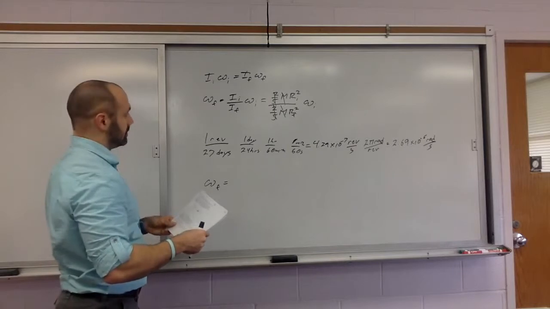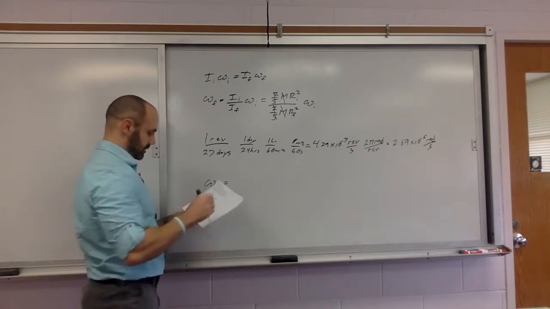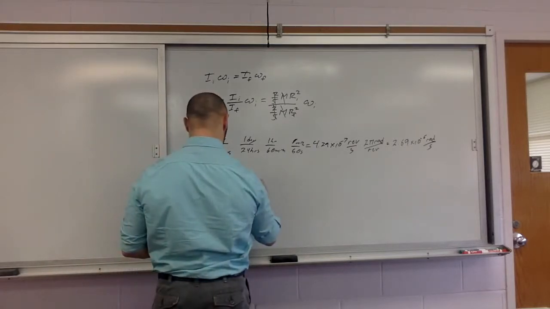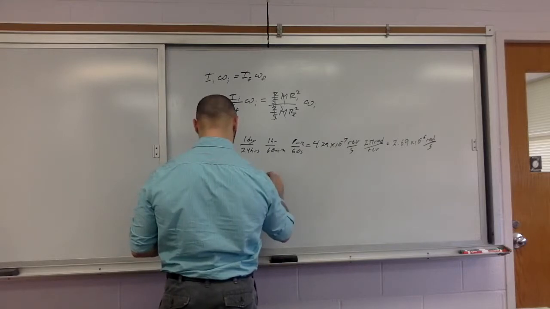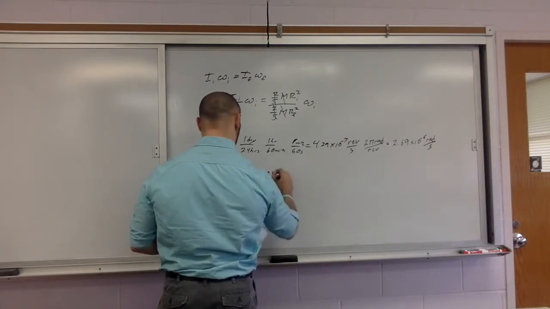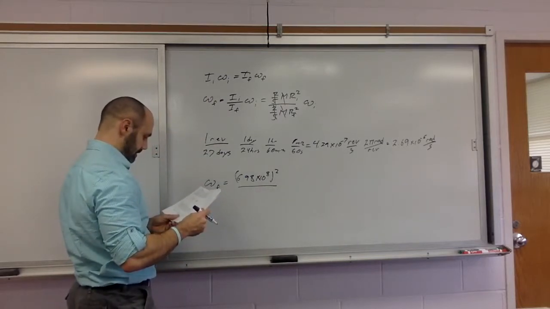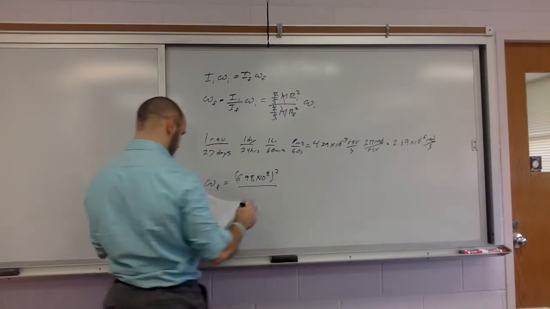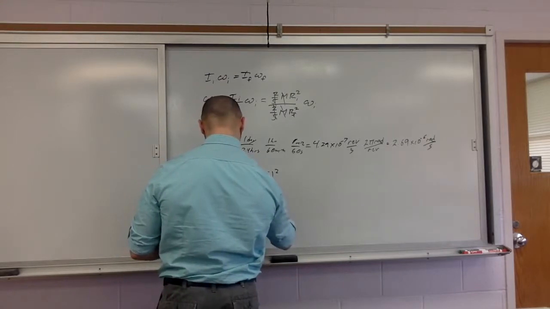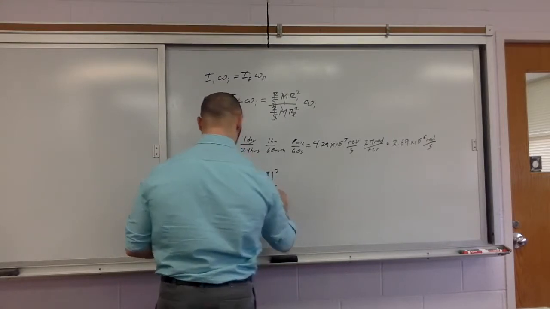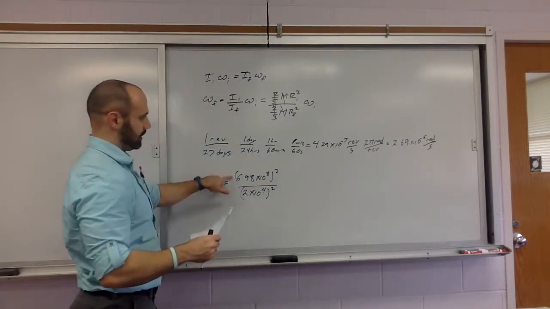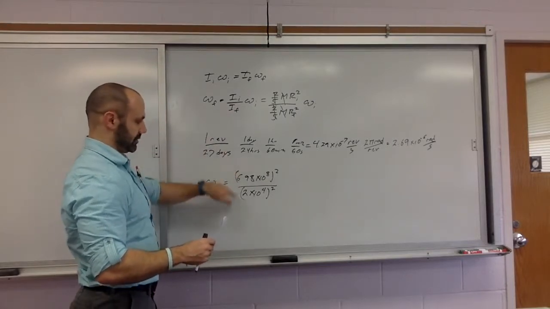And so now I'm going to have 6.98 times 10 to the 8th squared over 2 times 10 to the 4th squared. That's the initial radius over the final radius.